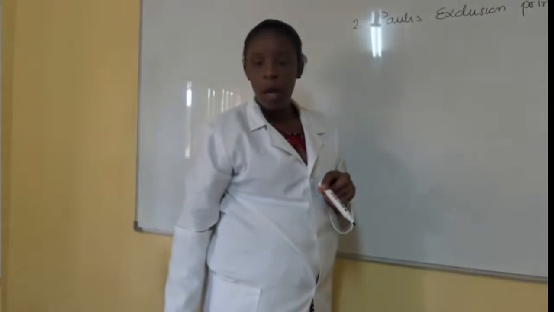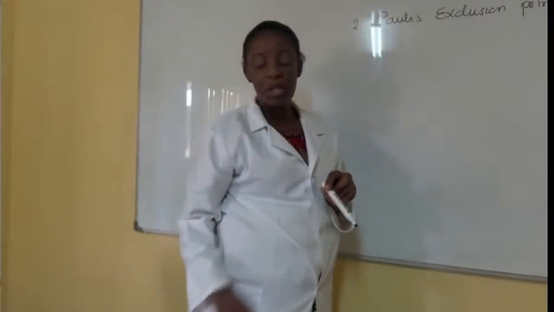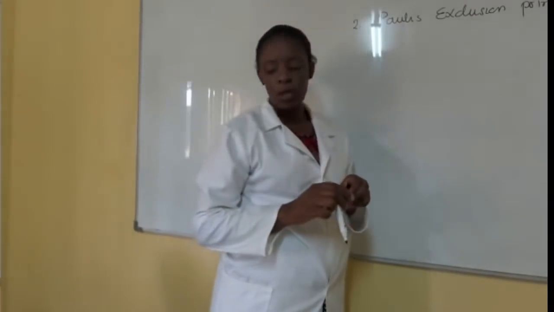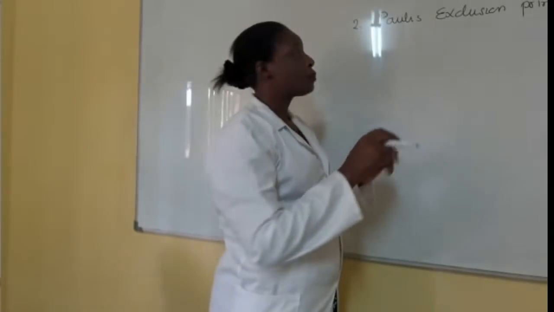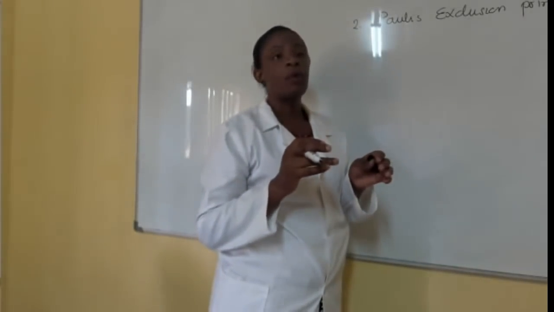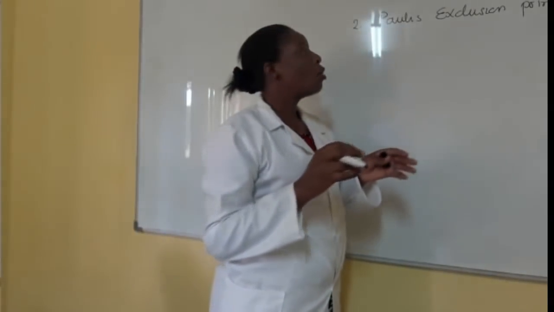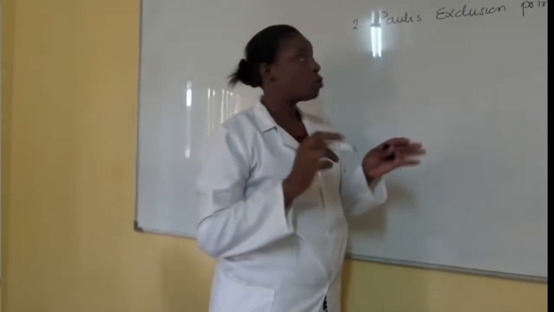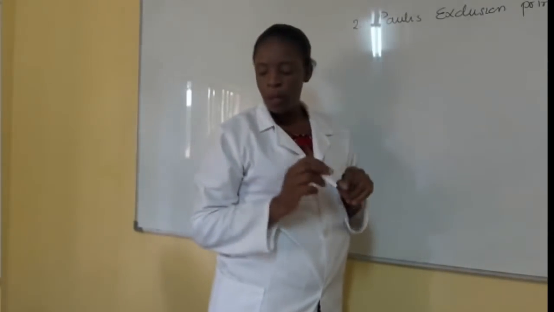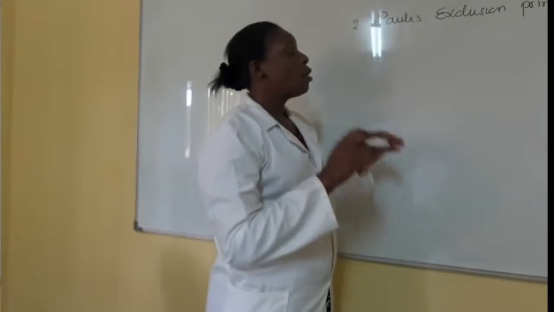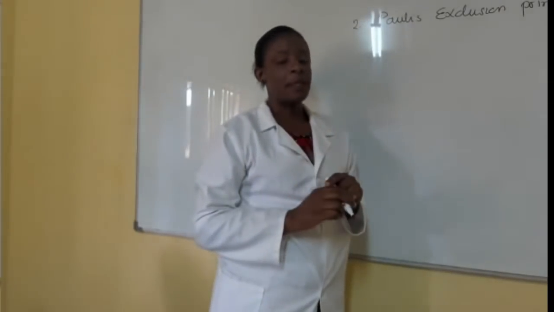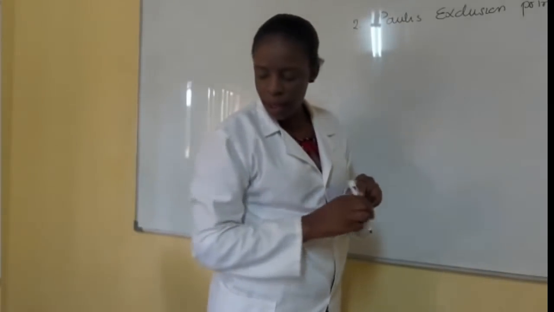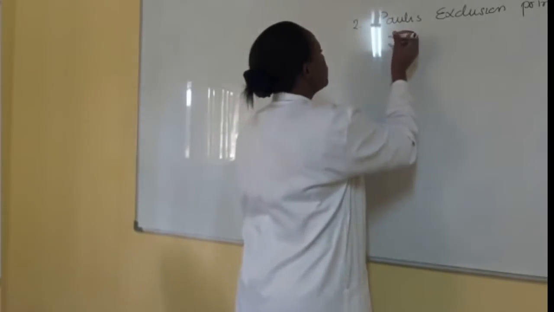And when you look at the Pauli's exclusion principle, it tells you that no two electrons in an atomic orbital will have the same set of the 4 quantum numbers. Okay? No two electrons in an atomic orbital will have the same set of the 4 quantum numbers.